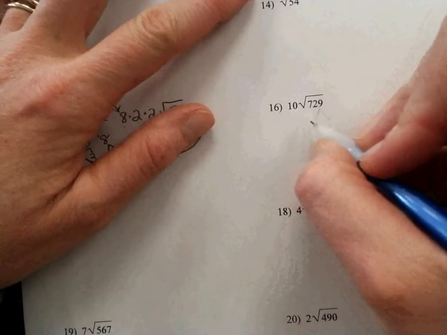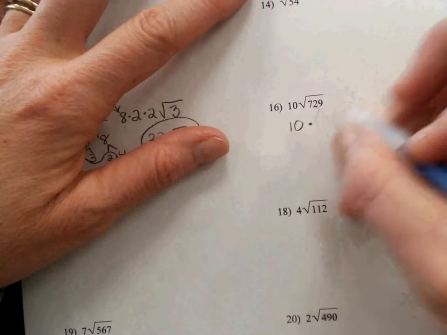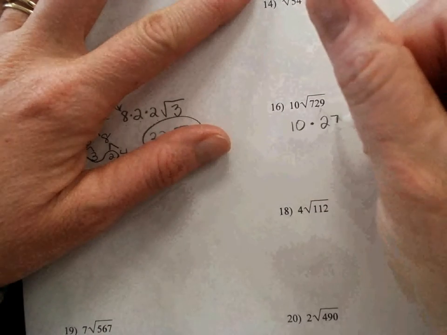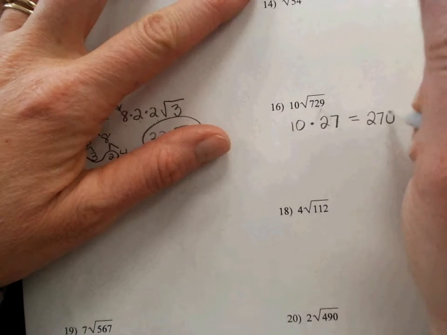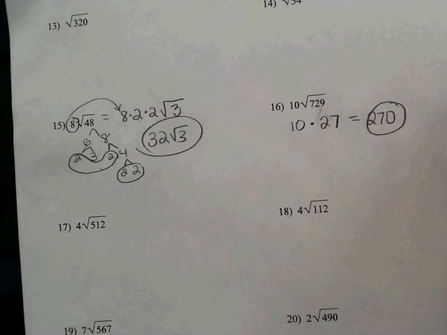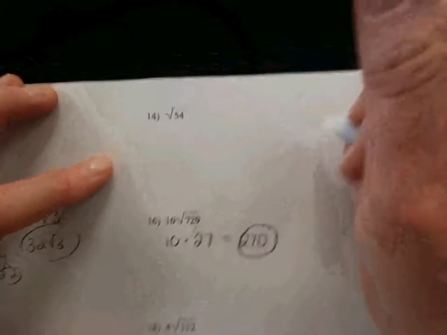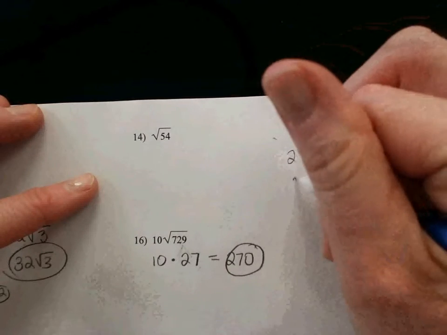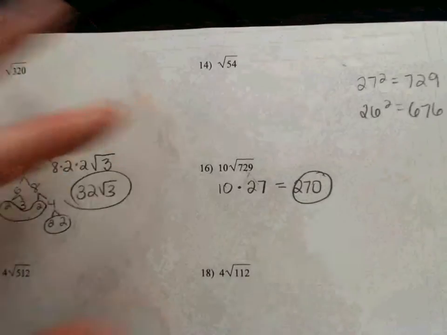So 729 is a perfect square, and the square root of 729 is 27. What's 26 squared? I got it. 676. Okay. That's kind of fun. 676.